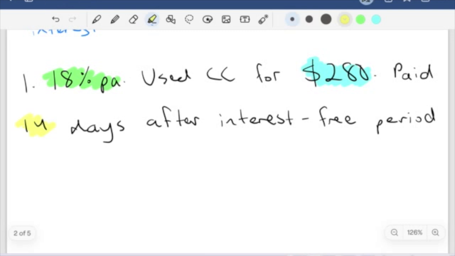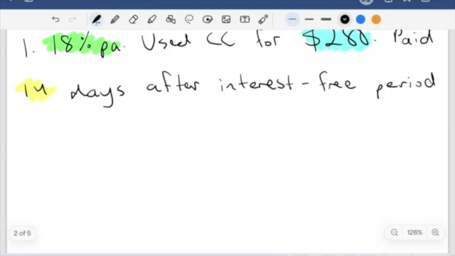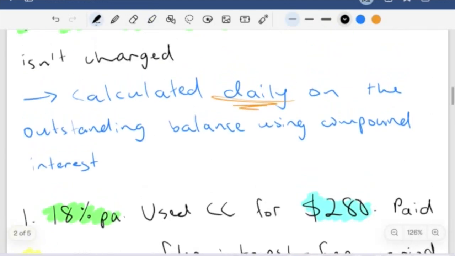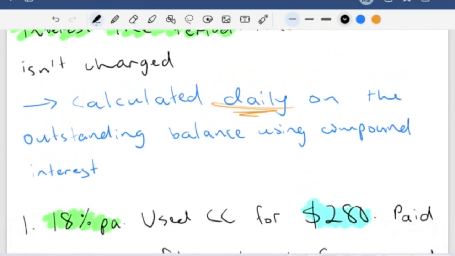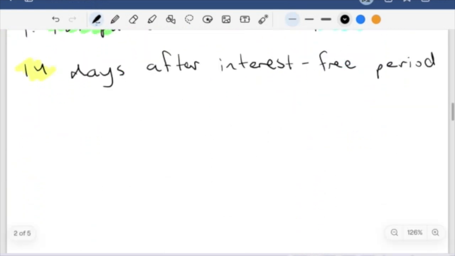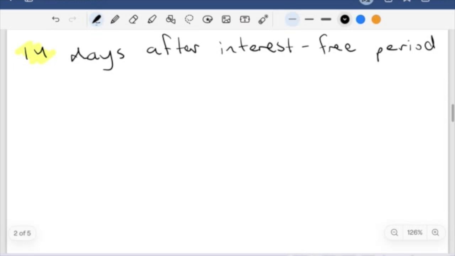So we're going to write down, first of all, our compound interest formula, because as I wrote up here, the interest on credit cards is calculated using compound interest. So I'm going to write this formula down one more time in case you've forgotten it. Our future value equals our present value times 1 plus the rate to the power of n.